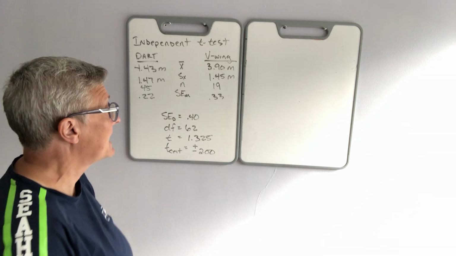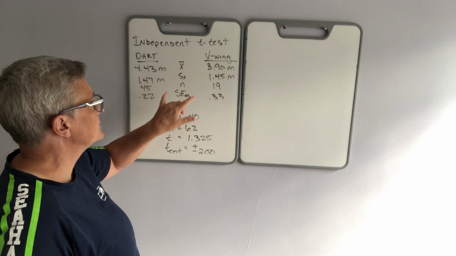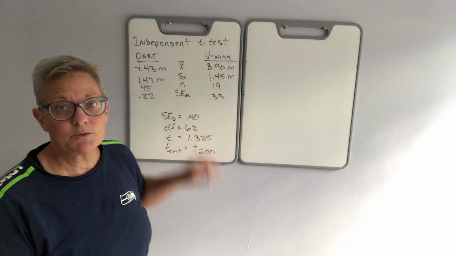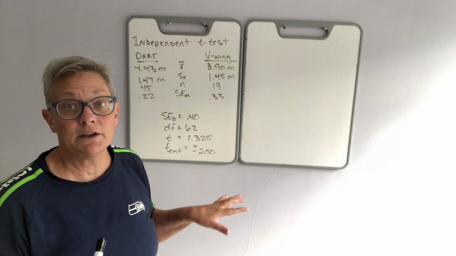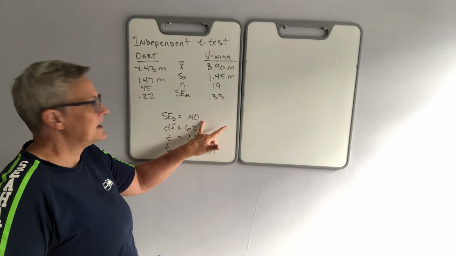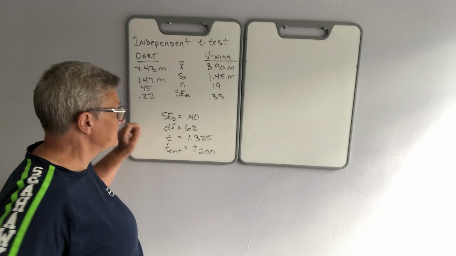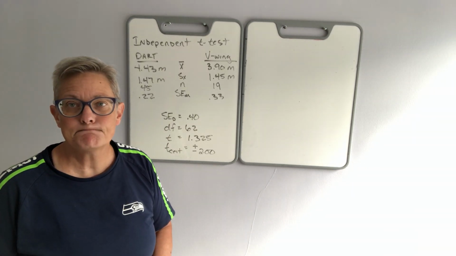Basically the same. So we calculated our standard deviations. We got the n of each. We got the standard error of measurement. Watch the first video if you don't know how to do that. It's in the first video on independent t-tests. Then I calculated the SED. I got our degrees of freedom. I got a t of 1.325.